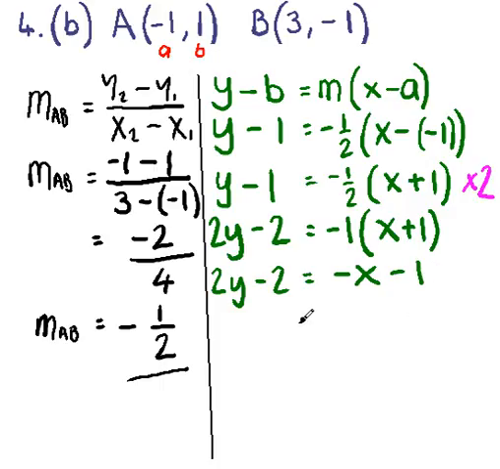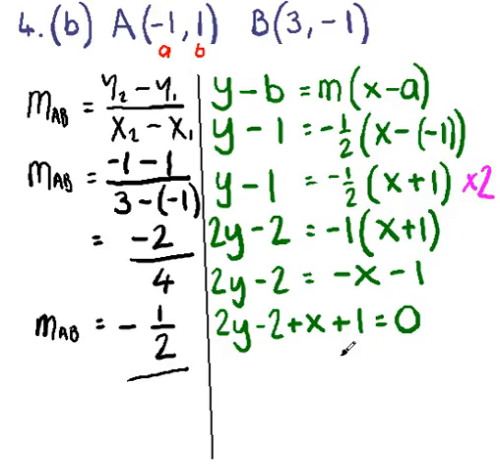So again, we'll put everything to the one side. So I'll move our equal sign over here. So we have 2y and minus 2 already over here. Moving the minus x over, that becomes plus x. And moving minus 1 over becomes plus 1, leaving 0 on this side.